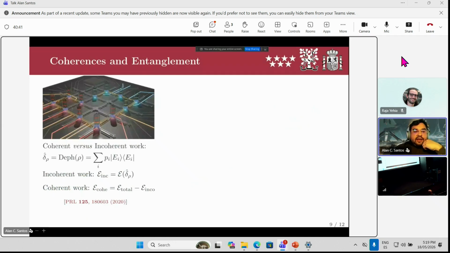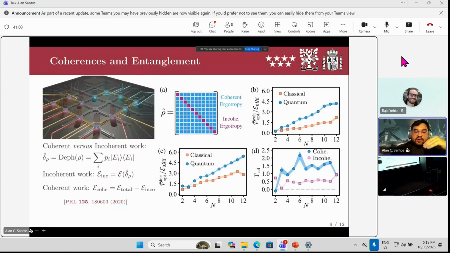Okay. And as a check, just to see what is going on with entanglement and coherence in the battery, to check the quantum side of the battery, we also study the incoherent and coherent work, okay, as defined some years ago. And we see as well a nice scaling of both the incoherent and coherent power, okay?